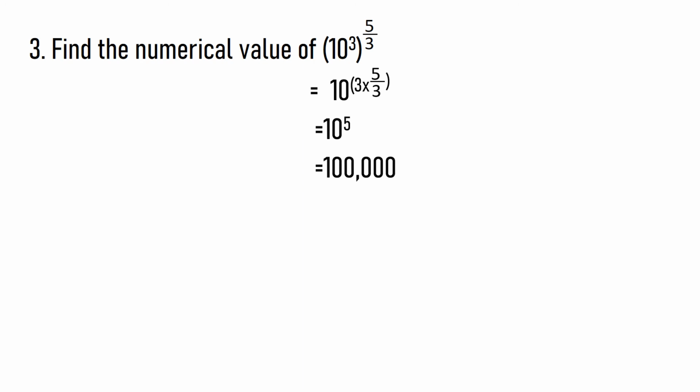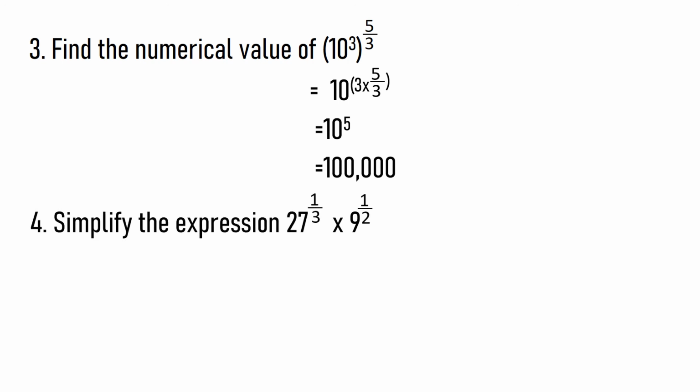So that is the numerical value. Question 4. Simplify the expression 27 power a third times 9 power a half.